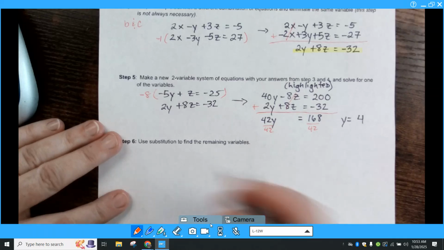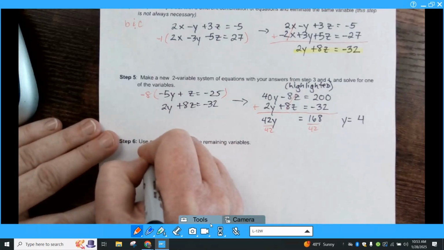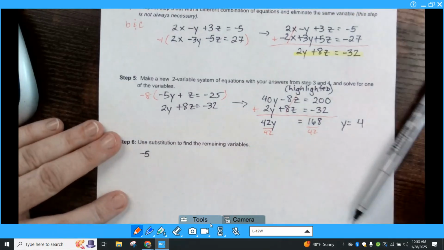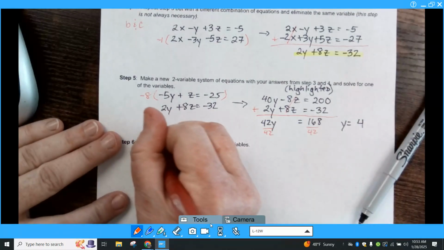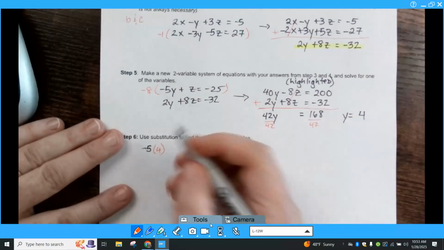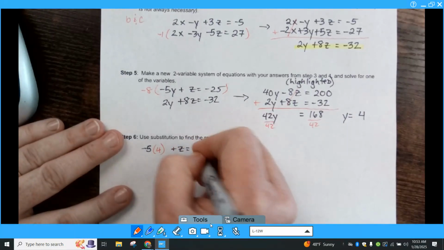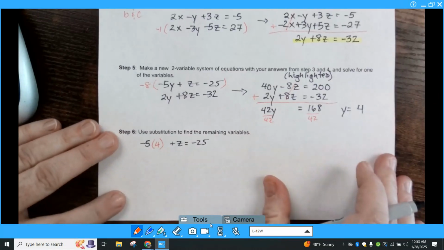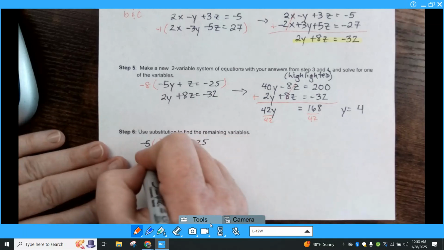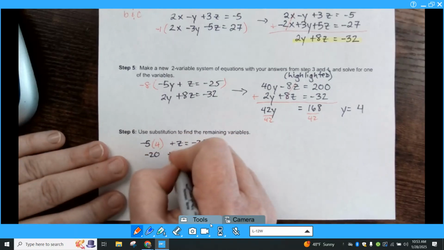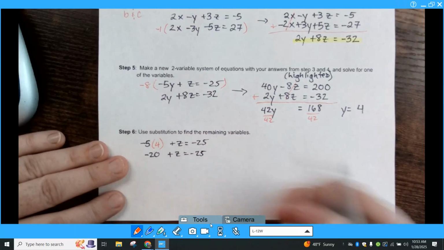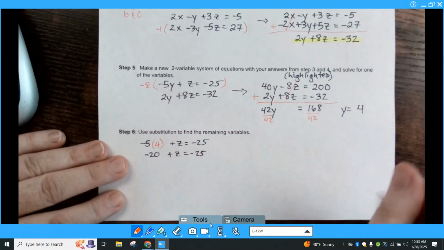So I've got negative 5. I know my y is going to be 4 plus z equals negative 25. So this is going to be negative 20 plus z equals negative 25. Add 20 to both sides.